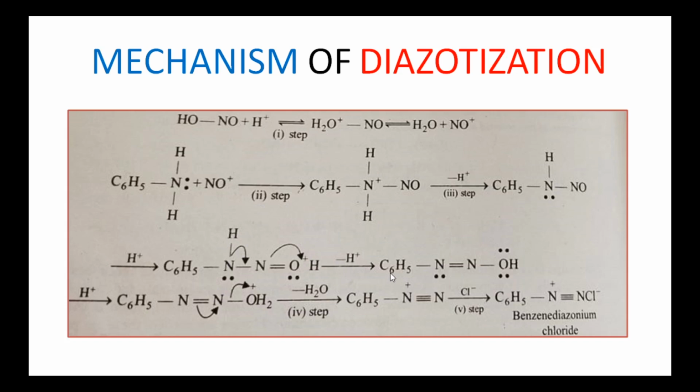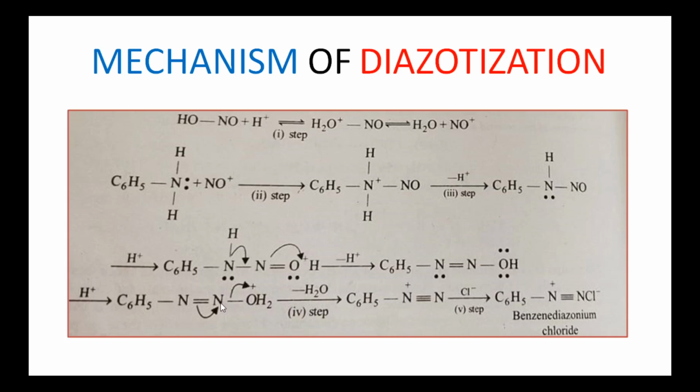So, forming C6H5N double bond NOH, which further reacts with H plus ions. For this H plus ion, oxygen donates one electron pair from its lone pair, forming OH2 plus. Finally, this OH2 plus is removed as a water molecule by accepting the electrons of the nitrogen-oxygen bond.